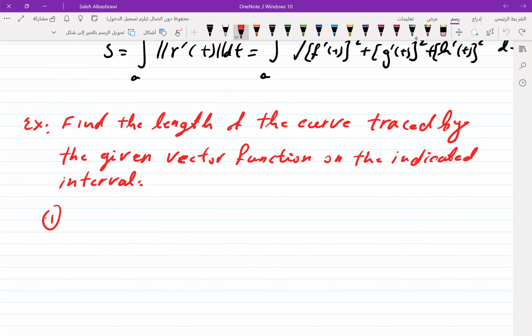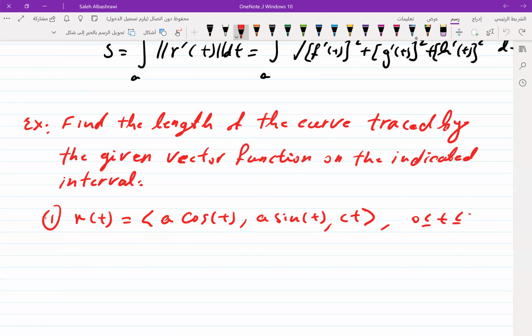With that given, r of t is equal to, say, a cosine of t, a sine of t, and c t on the interval 0 less than t less than 2 pi.